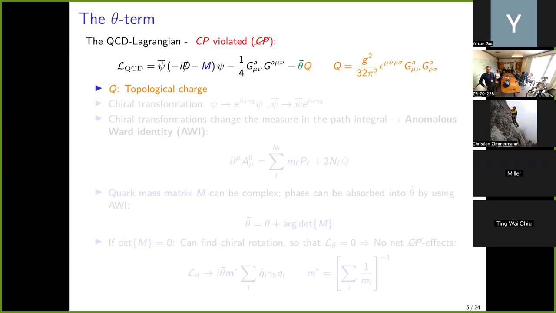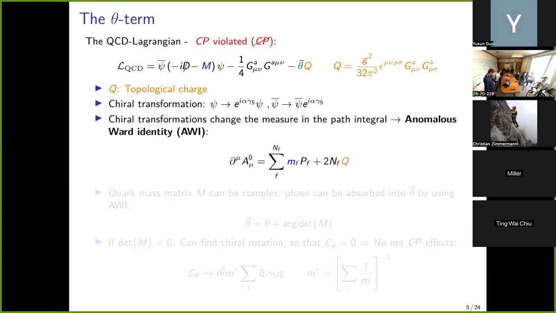So there is, I already mentioned it, some ambiguity here between the mass term here and the topological charge term, which becomes clear when you consider chiral transformations, which look like that. Because if you make a chiral transformation like that, that also leads to a change in the measure of the path integral, which again leads to the anomalous Ward identity here.